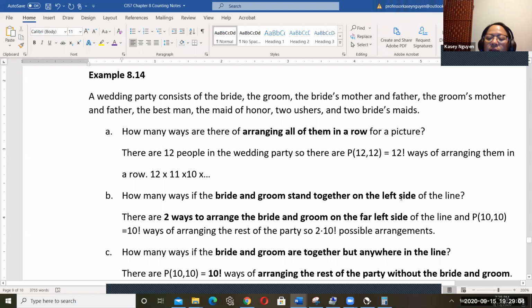Okay. So there are 2 ways to arrange the bride and the groom on the left side. You would have 10 factorial, because why? We remove the bride and the groom, and then you have the 10 people surrounding them. So that would be factorial of 10.